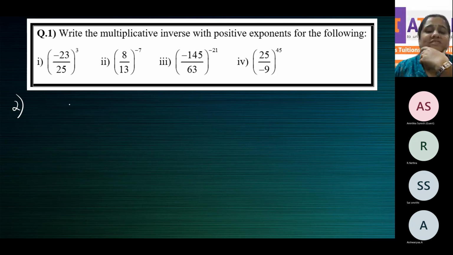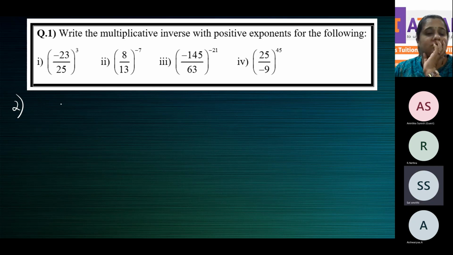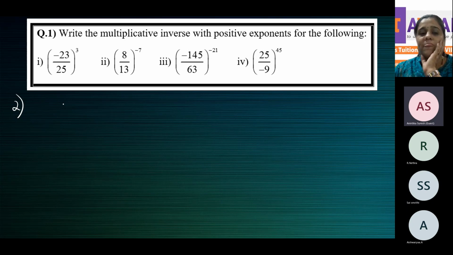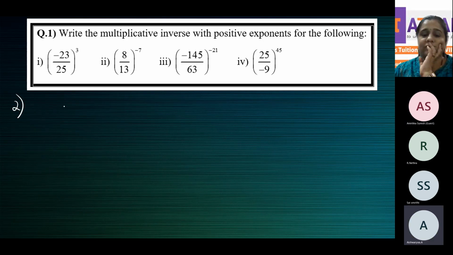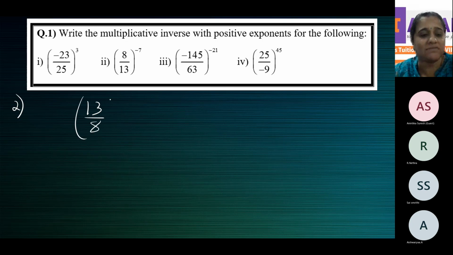Anantika, what is the reciprocal of the second one? 13 upon 8 raised to the power minus 7. No, you're wrong. Plus 7. 13 upon 8 raised to the power plus 7. No, the second one. Anantika, one minute. You're saying 13 by 8 to the power plus 7.